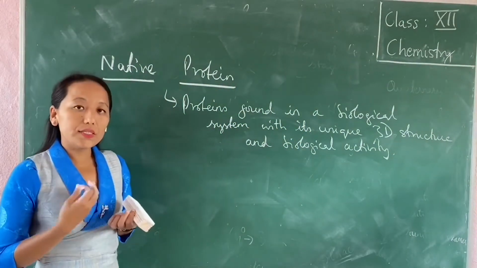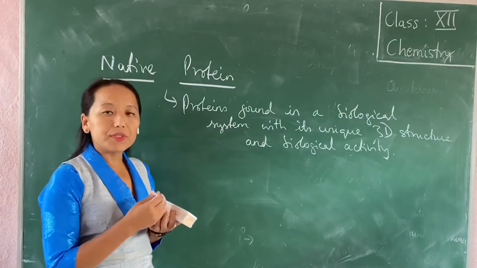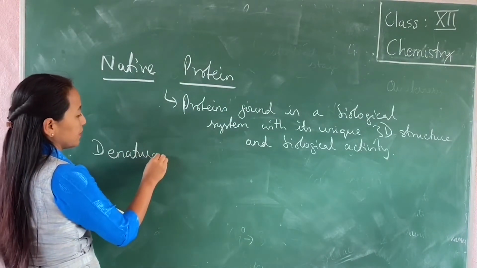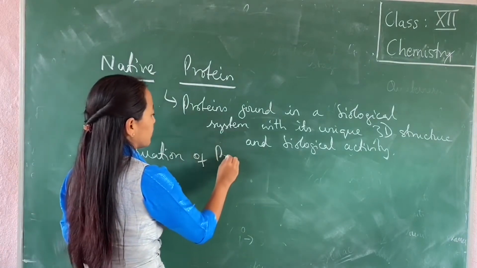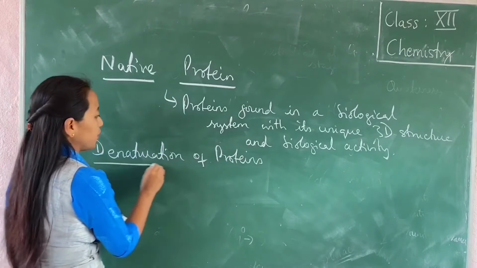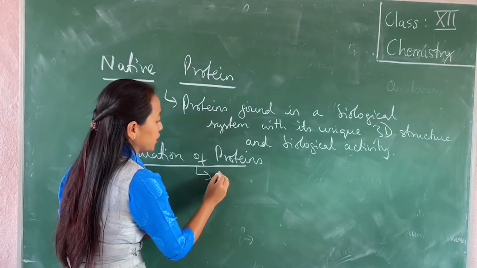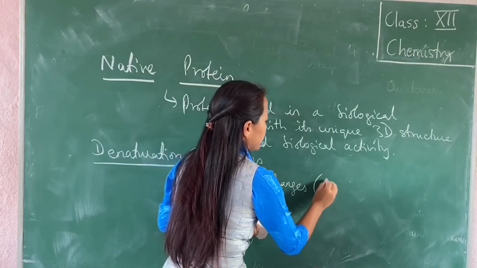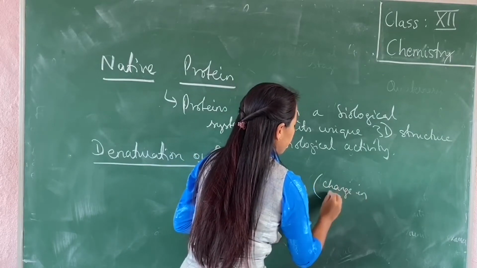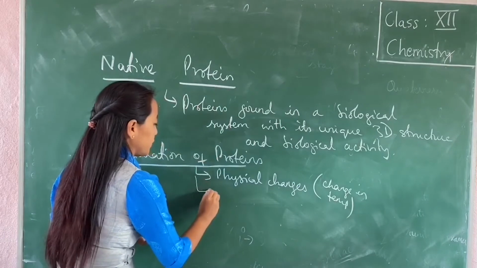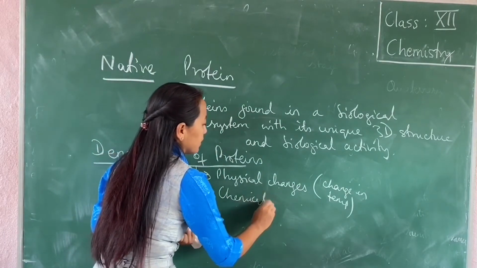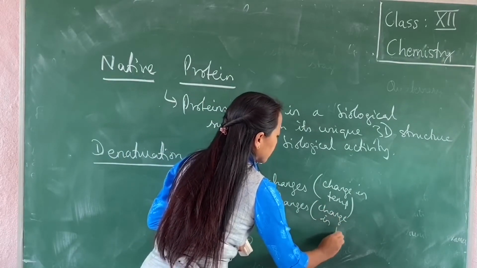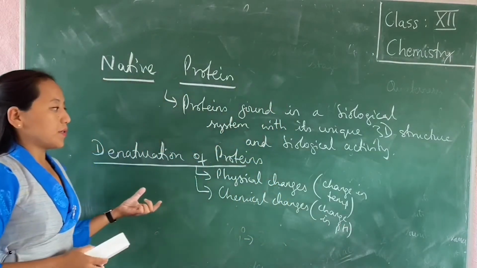A protein can lose its structure and its biological activity when it is subjected to some change. That process is called denaturation of proteins. Denaturation takes place when it is subjected to physical changes like change in temperature, or chemical changes like change in pH, or strong acids or strong bases.